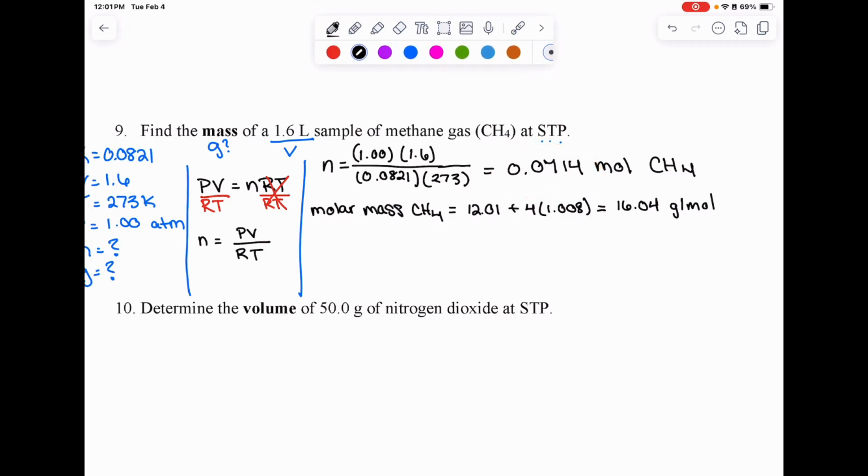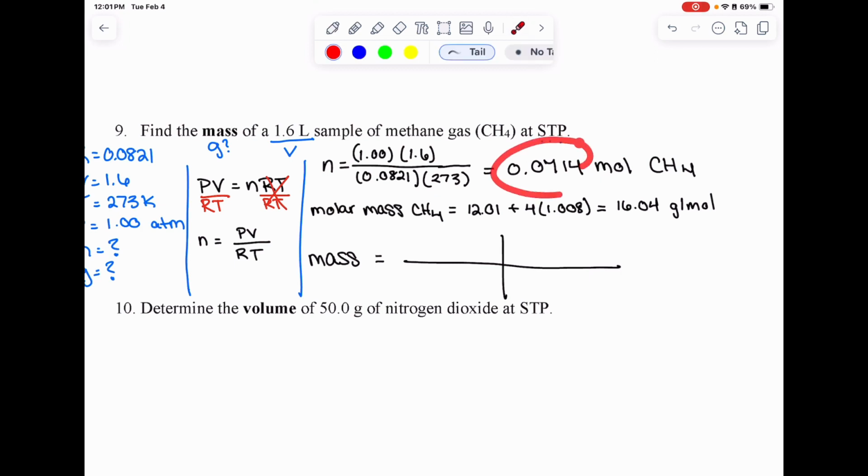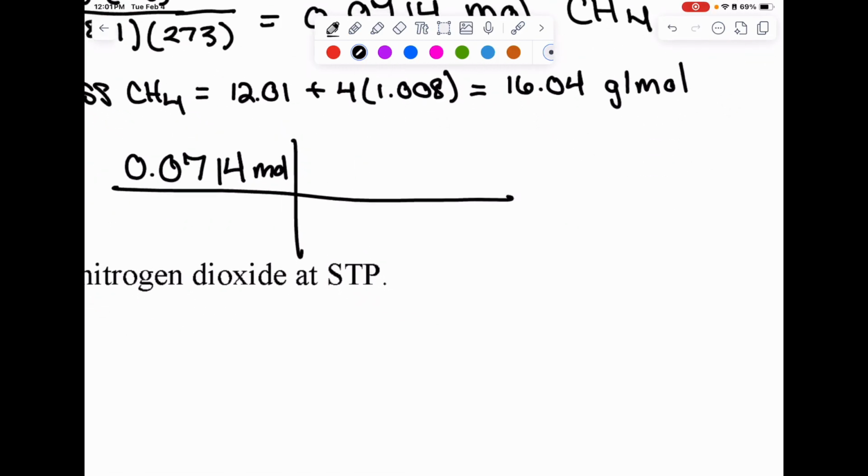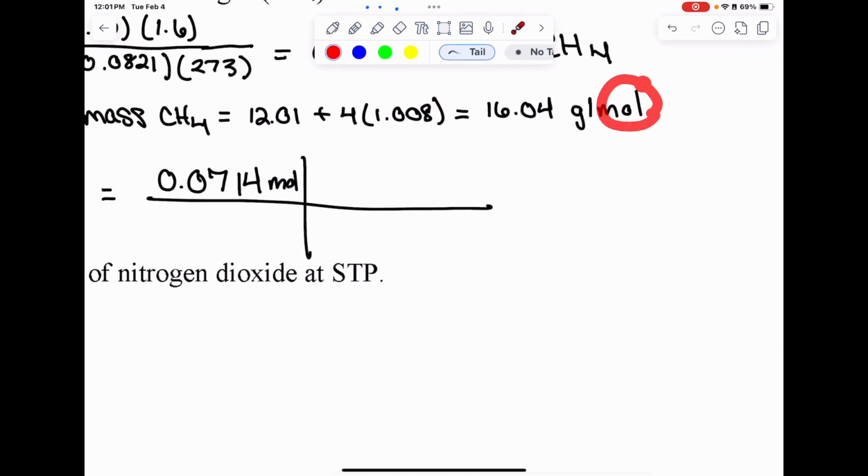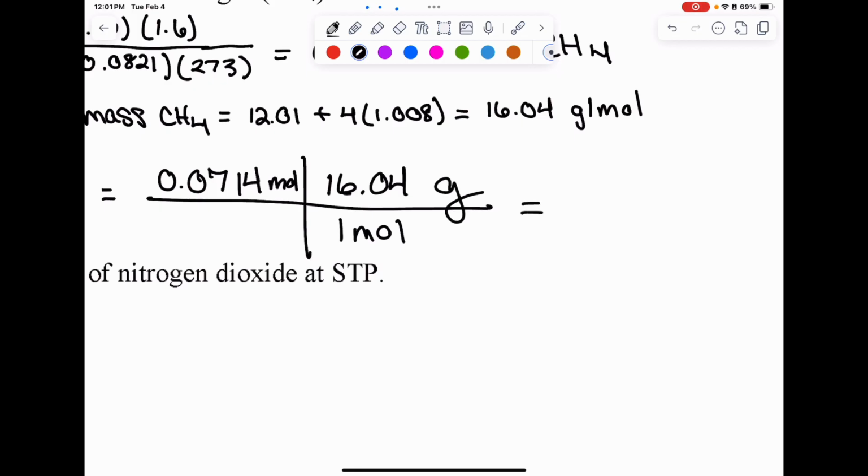So our final thing, finding the mass. We know in this problem we just found 0.0714 moles. And for every 1 mole, we get 16.04 grams.